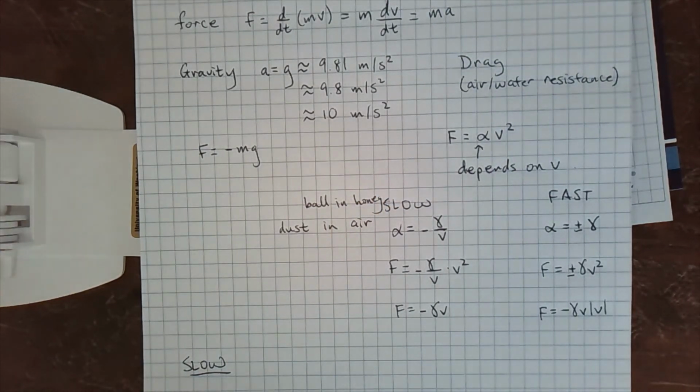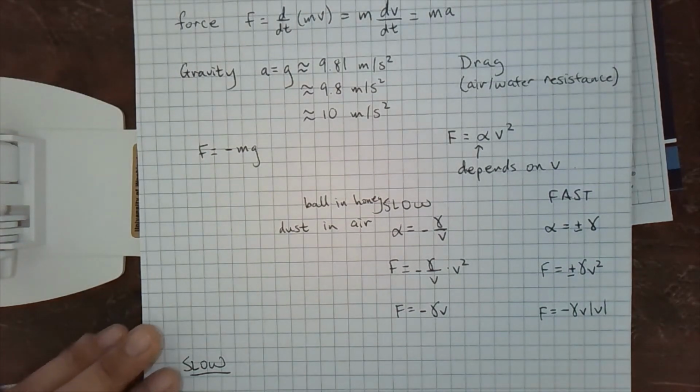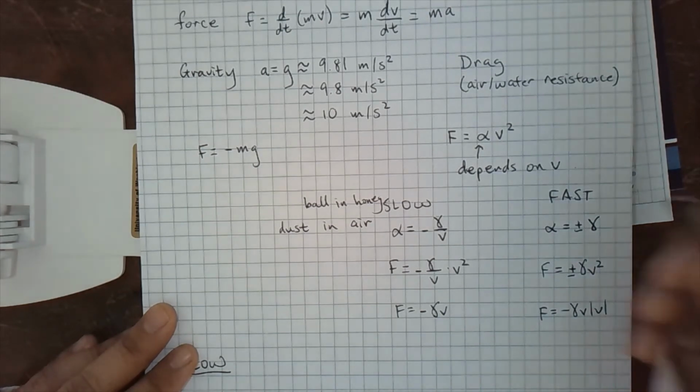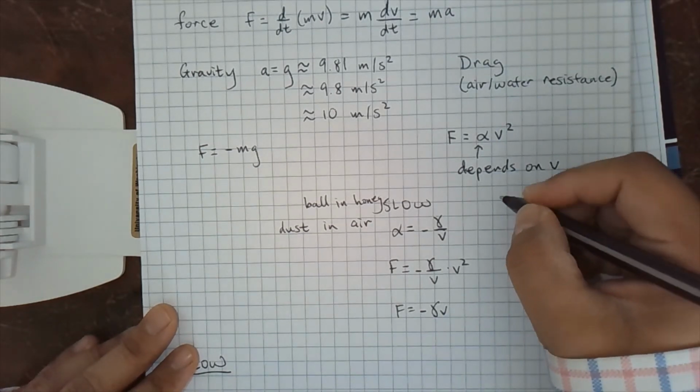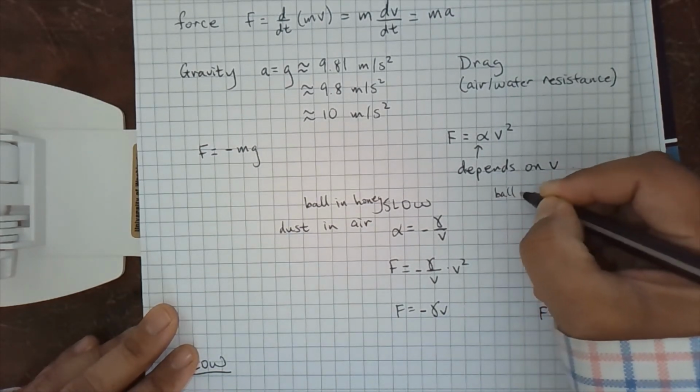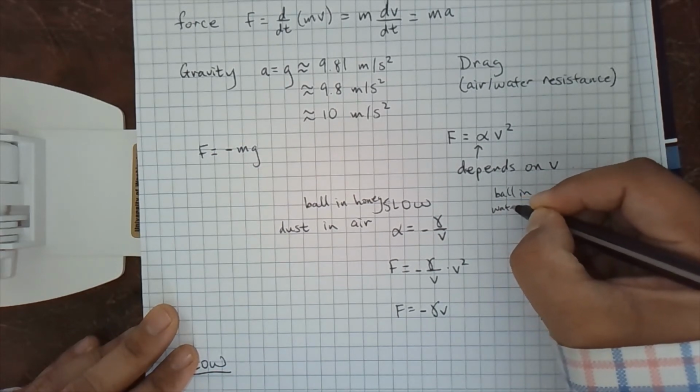If it's ever been a very sunny summer day and you have the blinds open, then you might be able to see the dust in the room moving. It's not moving very quickly. And then fast would be more like a ball in water or air.